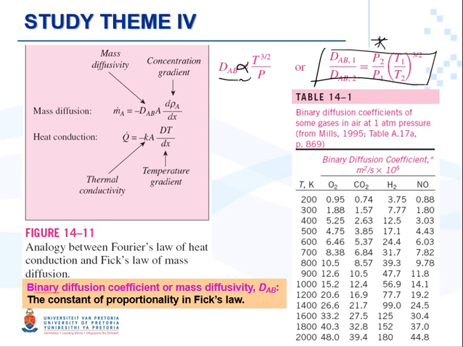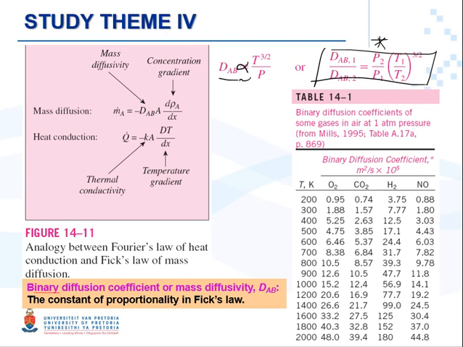So if we have the diffusion coefficient of a gas at a specified temperature and pressure, we can easily find the diffusion coefficient for the rest of the temperatures and pressures. We don't need to have all. By this correlation, if we have the diffusion coefficient for a specific gas at a specific temperature and pressure, we can get the diffusion coefficient at other temperatures or pressures.